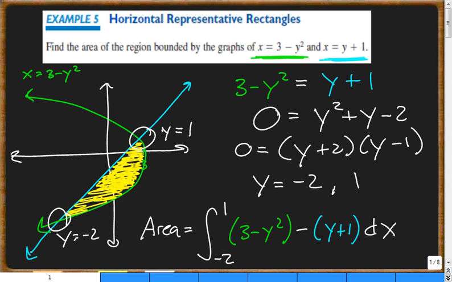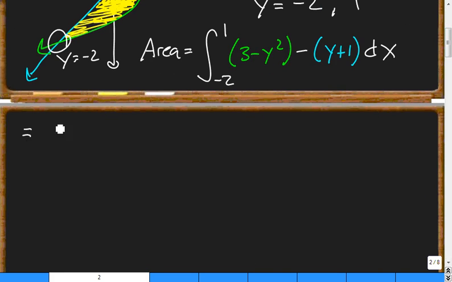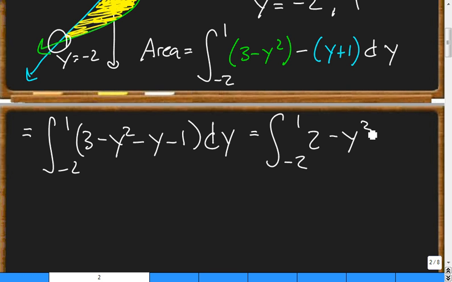Now we have this set up, we can go ahead and find our area. I'm going to simplify this a little. We get 3 minus y squared, we distribute the negative on the blue function, so negative y minus 1, dy. Simplifying a bit more, this is 2 minus y squared minus y.